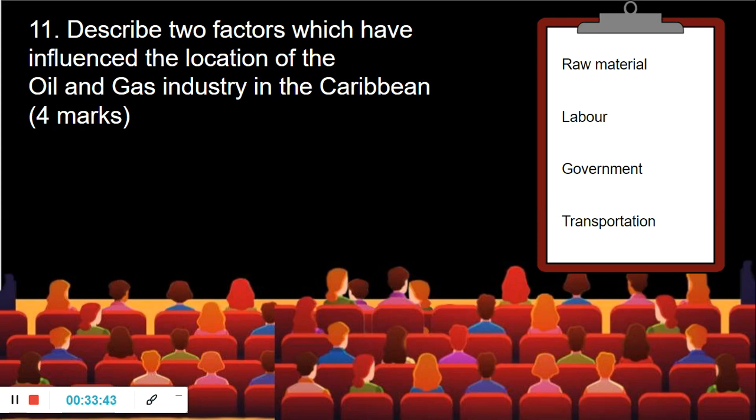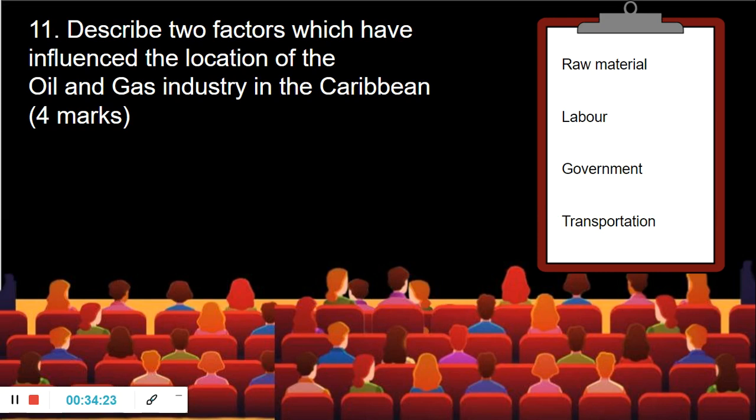And even though the oil is being depleted now, they still have natural gas, and they are still exploring to find other areas where oil might exist. All right. So the fact that oil and natural gas exist in Trinidad and Tobago makes the industry a successful one in that country.